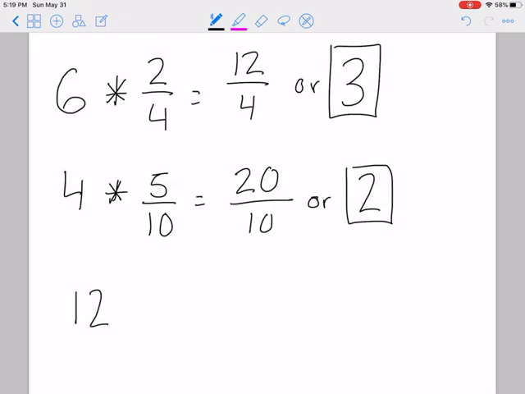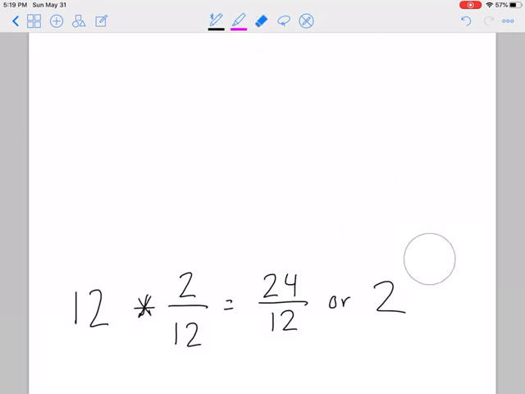Okay, last one for this set is 12 times 2 twelfths. 12 times 2 is 24, and you get 24 twelfths, which can also be written as 2, because 2 times 12 is 24.